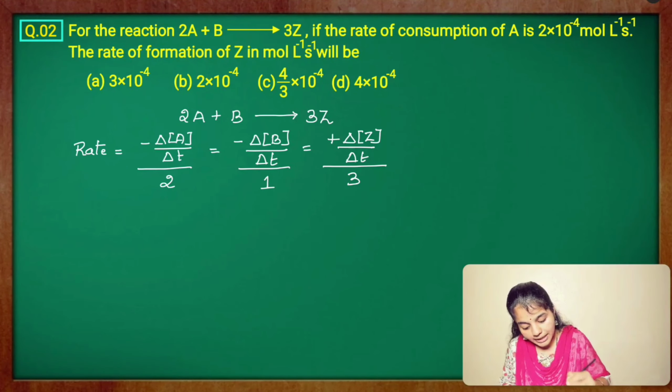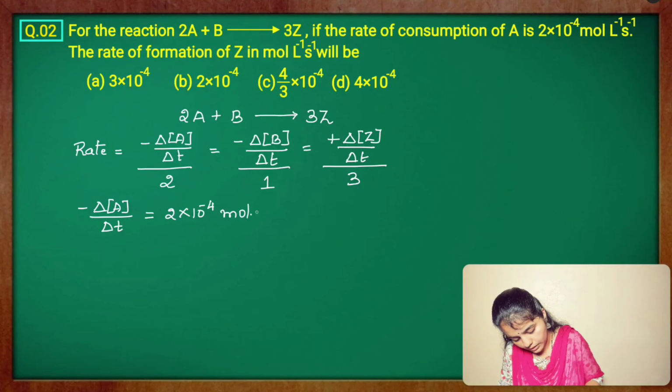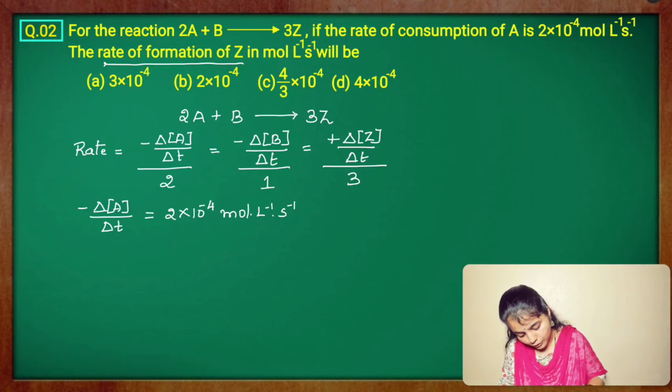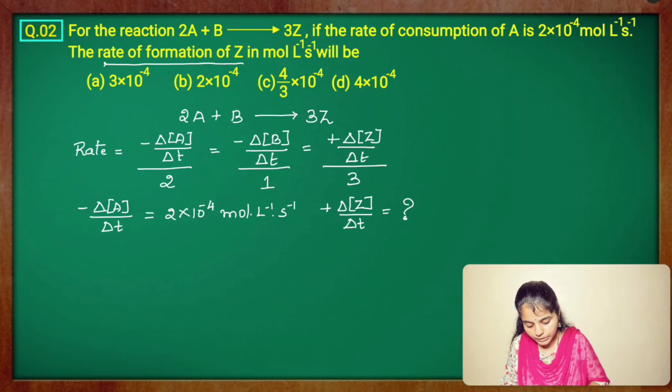The rate of consumption of A is given by minus delta A divided by delta T, that is equal to 2 into 10 to the power minus 4 mole per liter per second. We are asked to find the rate of formation of Z. The rate of formation of Z is plus delta concentration of Z divided by delta T, which is what we have to find.